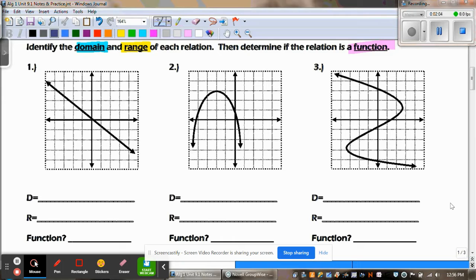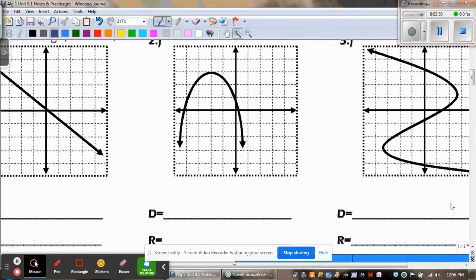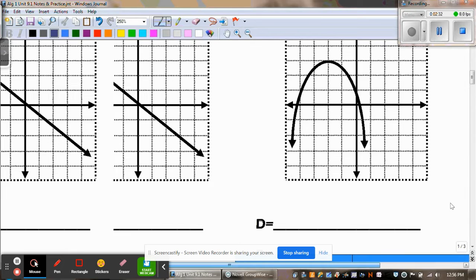I'm going to write myself a note that it's the x values, and that goes from left to right. The range is the y values, and that goes up and down. Okay, so let's look at number 1.